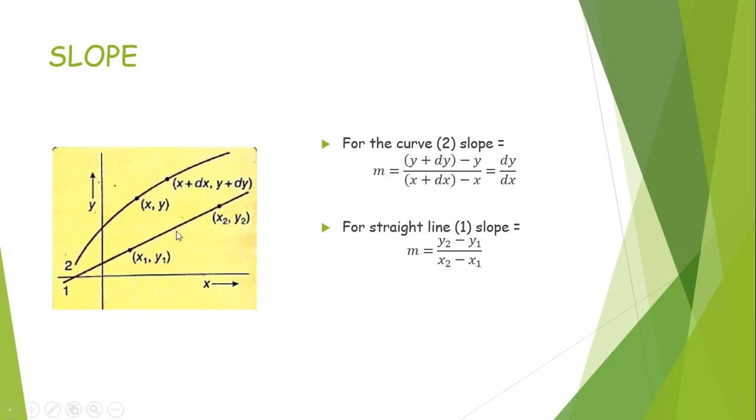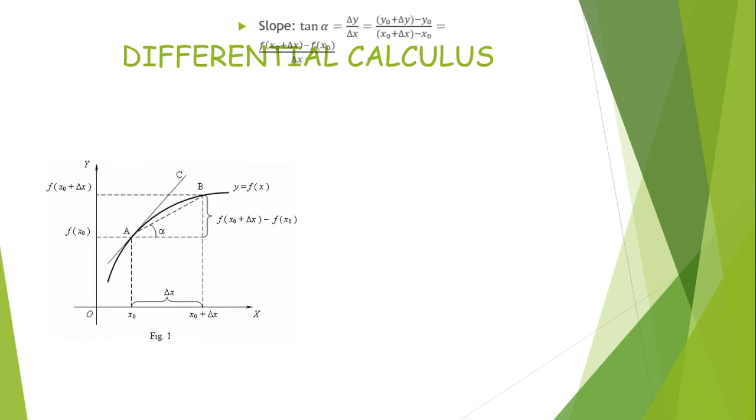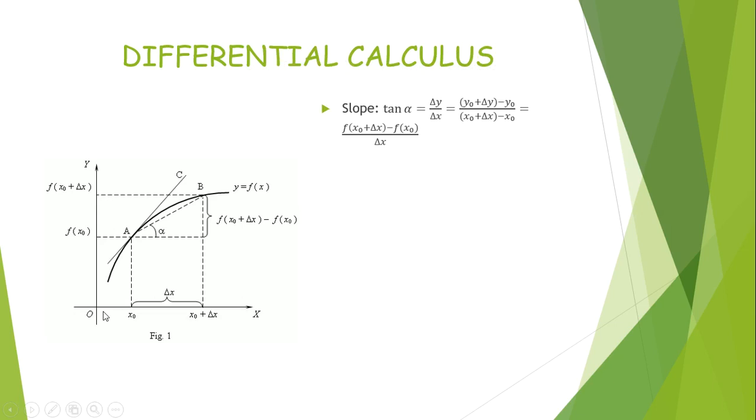Here 1 is a straight line and 2 is a curve. Now let's concentrate on our main topic, differential calculus. Let x0 be increased to x0 plus del x. For this, y0 has increased to y0 plus del y.